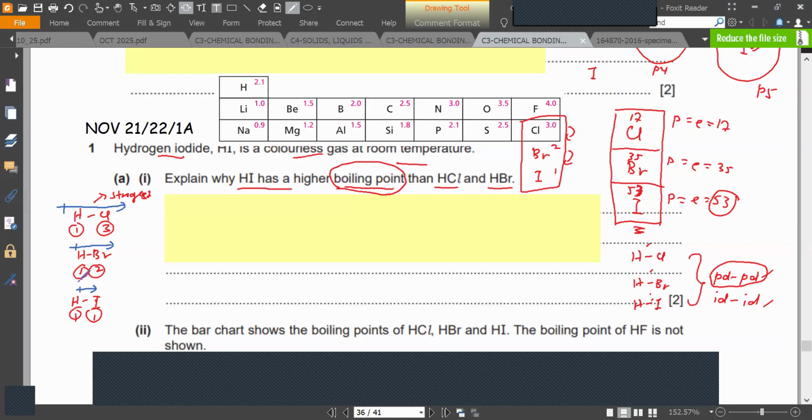If we think about the PD effect, which one is stronger? The chlorine is stronger. So it means the chlorine will have the highest boiling point, we predict.